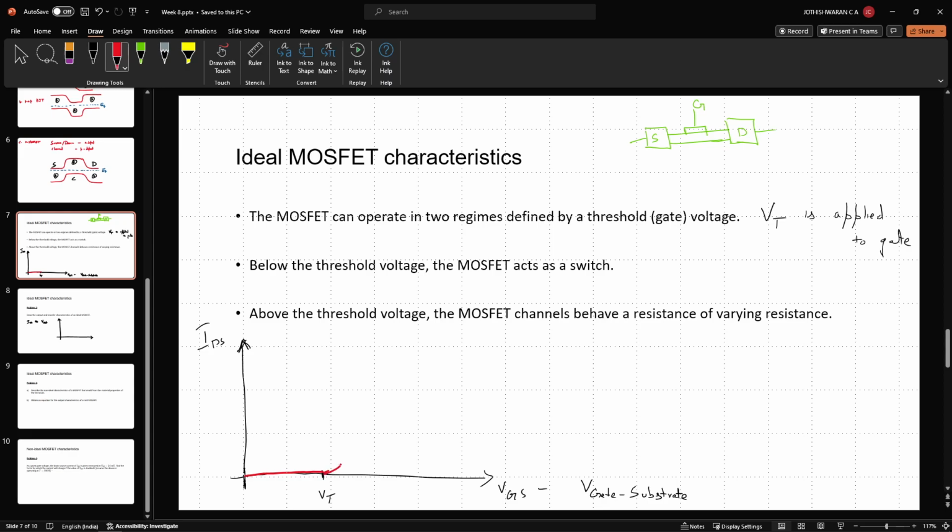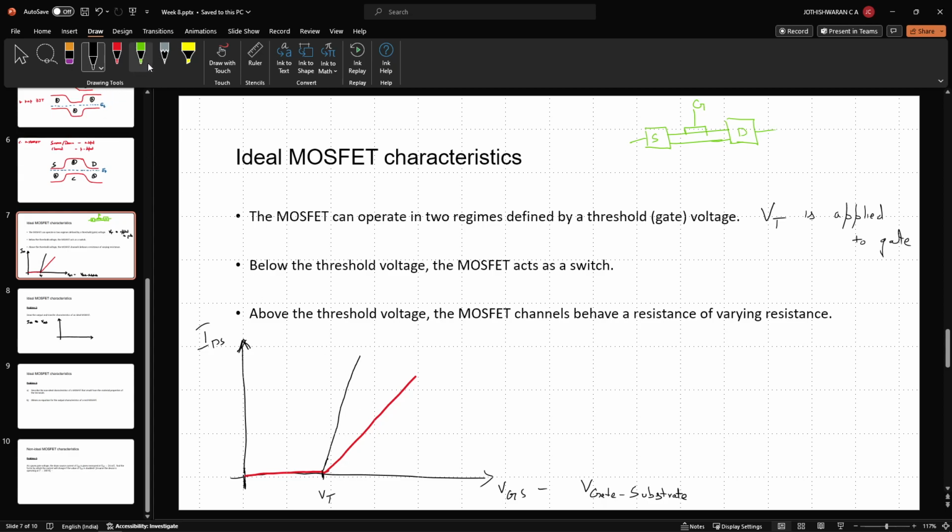So we will see some kind of response from the device. Now in the ideal regime, again, I will expect it to shoot up, but it won't happen. So I will say that ideally it will be something that looks linear like this. And for a different value of VDS, I will have a curve of a different slope.